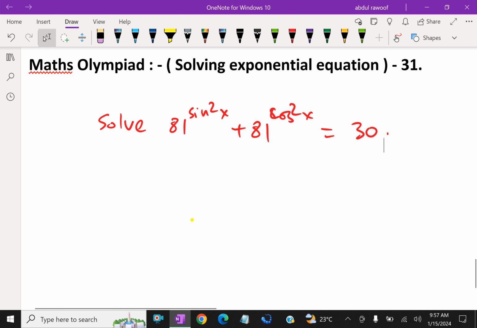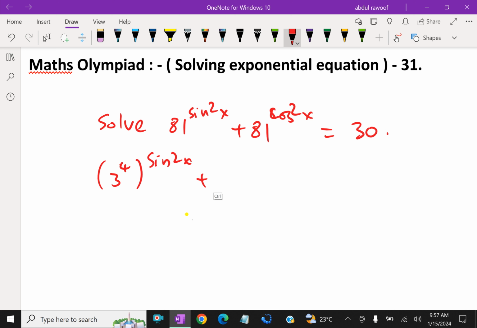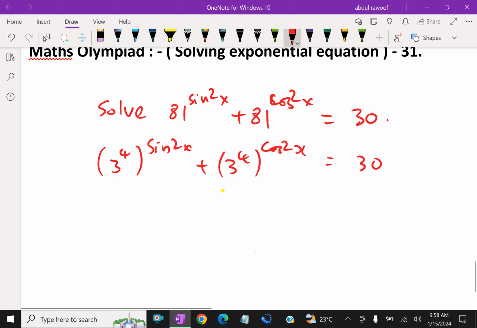Now, 81 can be expressed as 3 power 4. So 3 power 4 sine squared x plus 3 power 4 cos squared x equal 30.